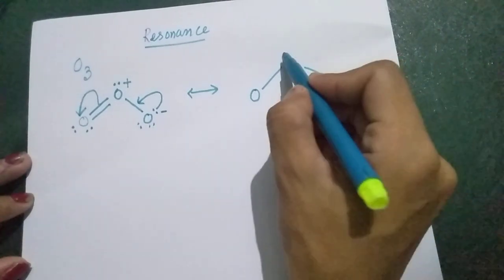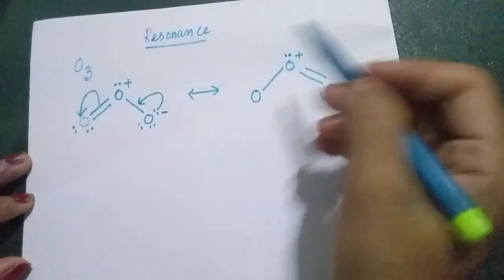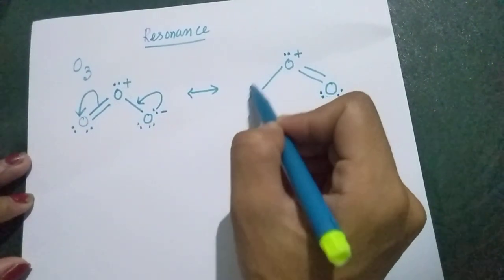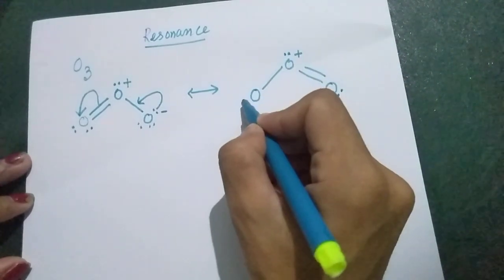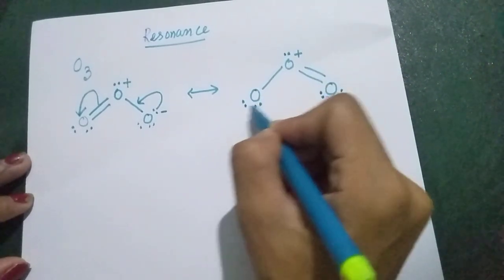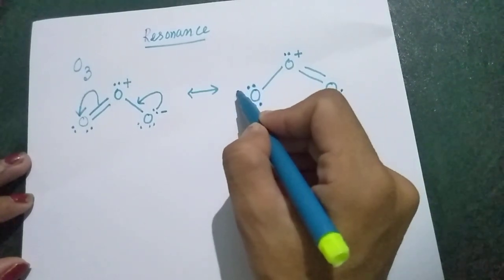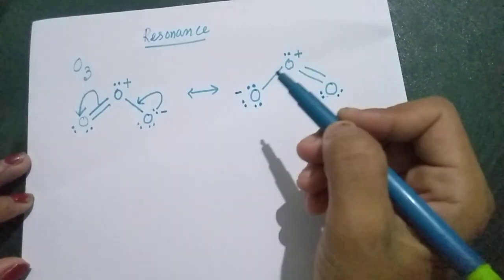Now this pi bond has shifted towards this oxygen, and a single bond contains 2 electrons. Initially there were 2 lone pairs, and this pi bond has shifted, so it will be another lone pair. So oxygen with 3 lone pairs always has a negative sign.